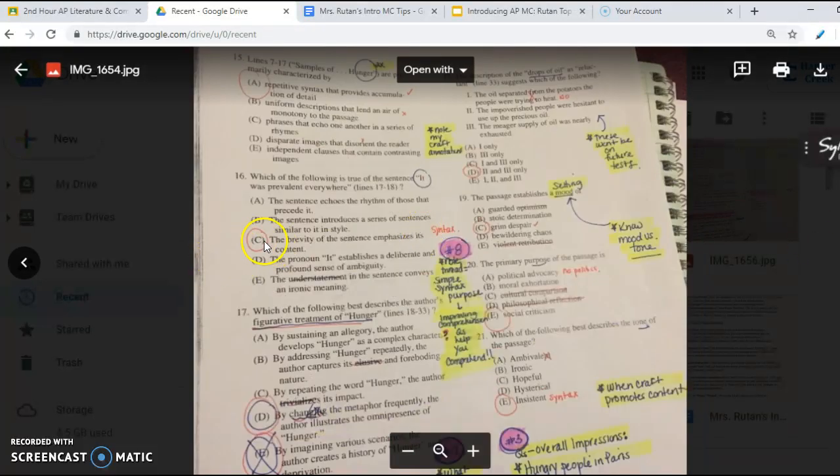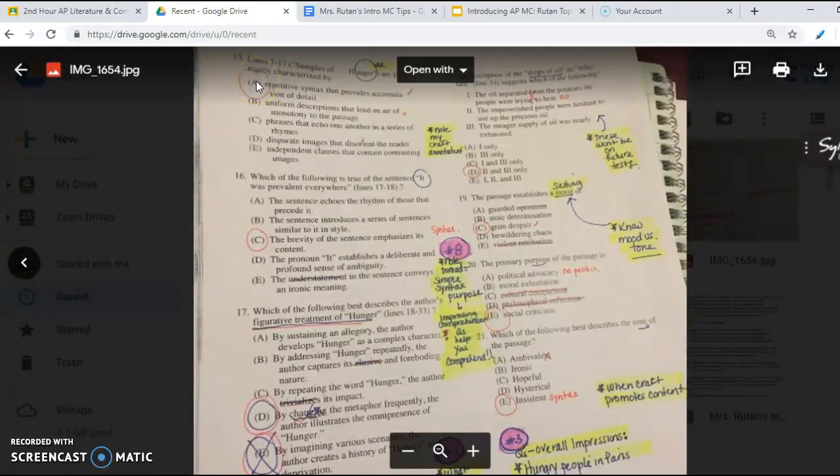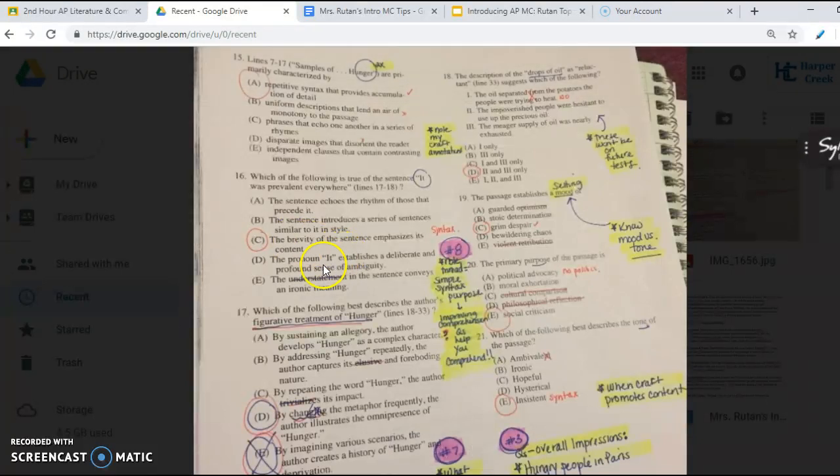And that's what this question is saying right here. The brevity, the briefness of the sentence emphasizes the content. That sentence is pretty straightforward, this is pretty straightforward, and they're both in reference to syntax or straightforward syntax. This one is not syntax related, so that thread is missing.